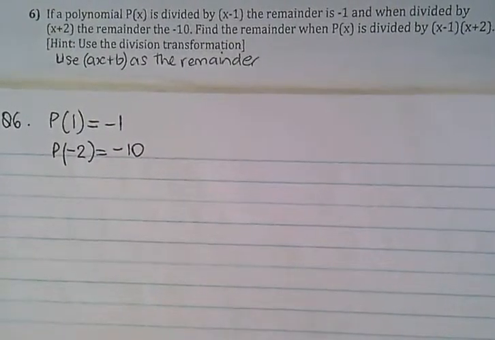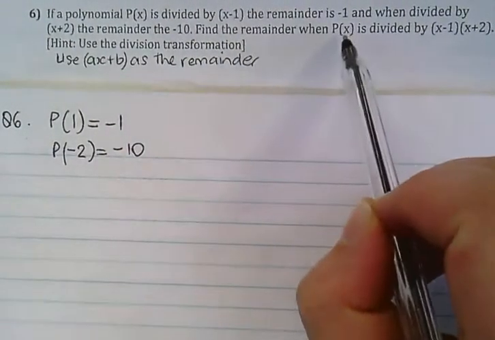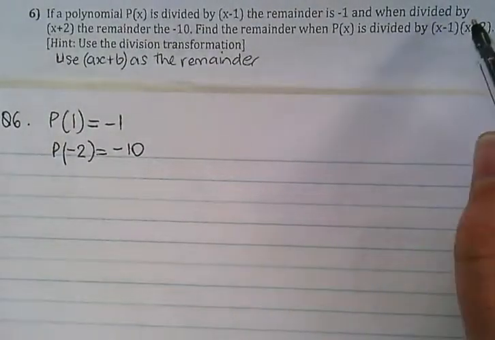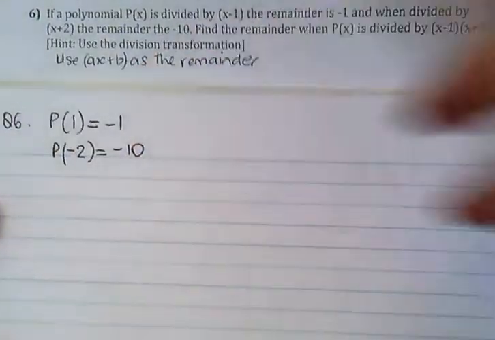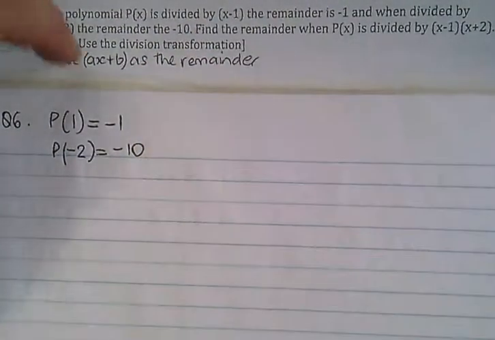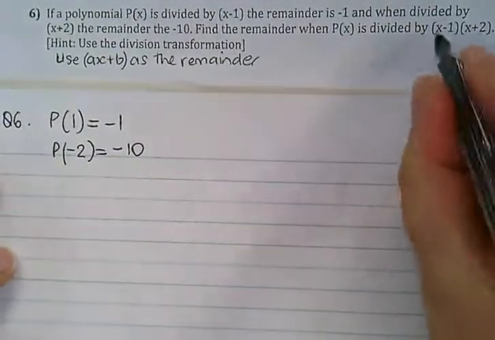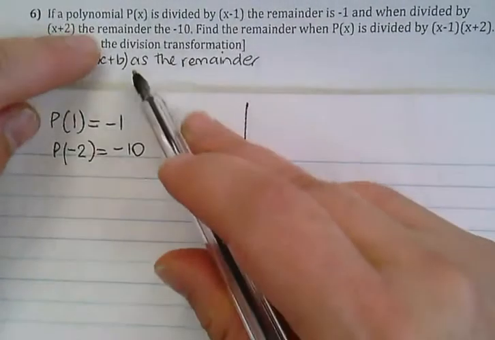Now, the question says, find the remainder when your polynomial is divided by x minus 1 times x plus 2. It says, hint, use the division transformation and use ax plus b as the remainder. I want to explain why we do this.